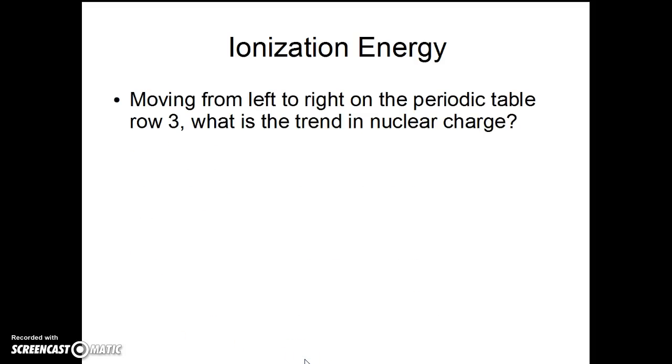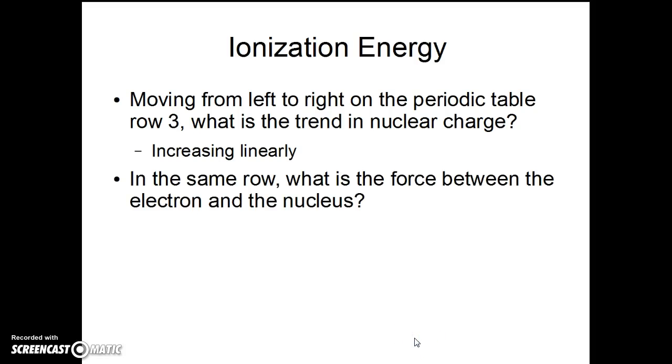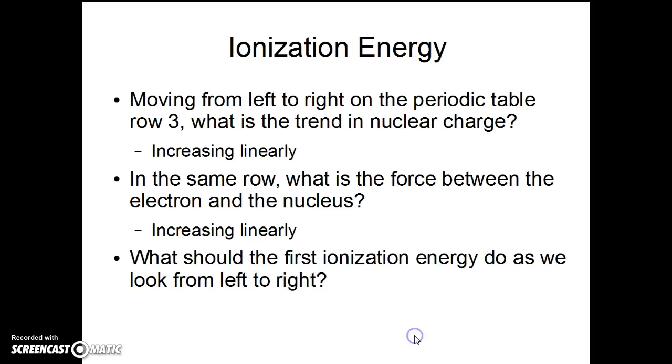Moving from left to right, say in periodic table row 3, what is the trend we see in nuclear charge? Well, it increases linearly as we go from left to right. In the same row, what is the force between the electron and the nucleus? Again, it increases linearly. And what should the first ionization energy do as we look from left to right?